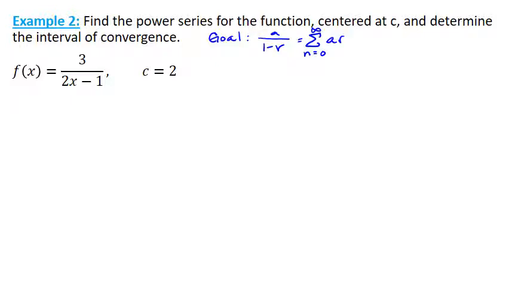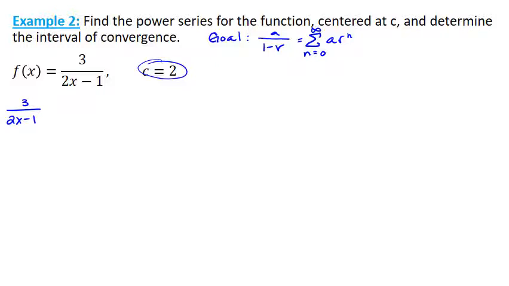Oops, this is an n. Okay, so you can refer to the first slide if needed, but we are now going to center this at 2. So we are going to start off with our given expression, and we need to somehow manipulate this so that it resembles this.